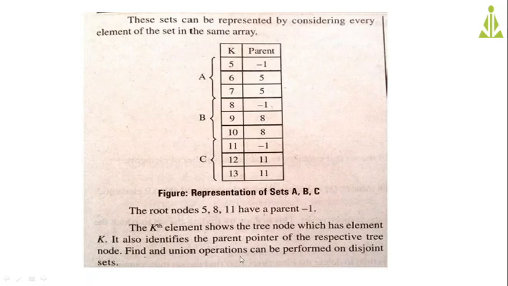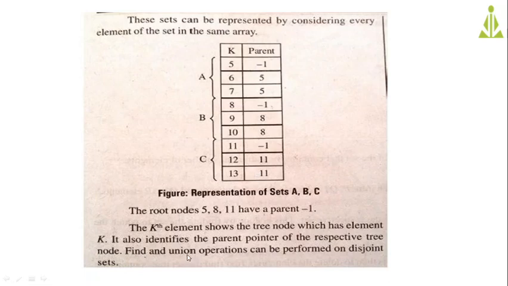Find and union operations can be performed on a disjoint set. So our next topic is find and union. Whenever the set is a disjoint set, at that time we can do the operations find and union.